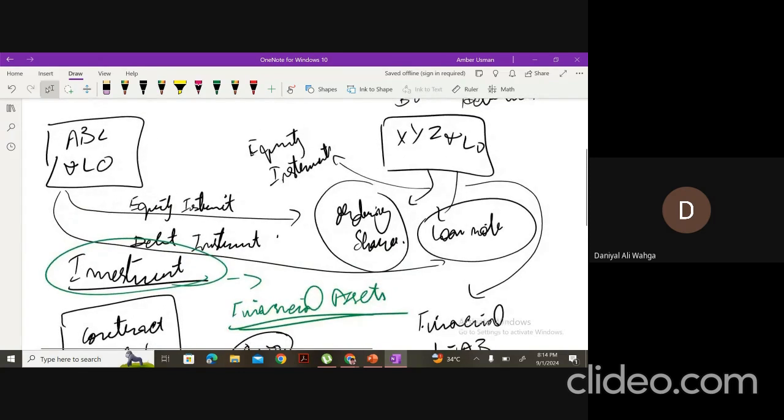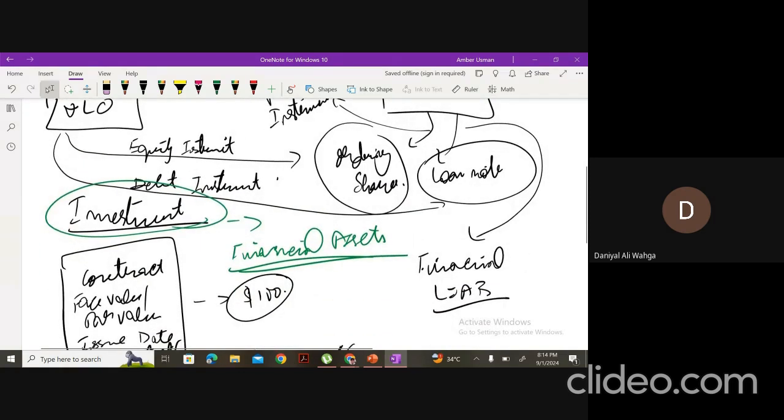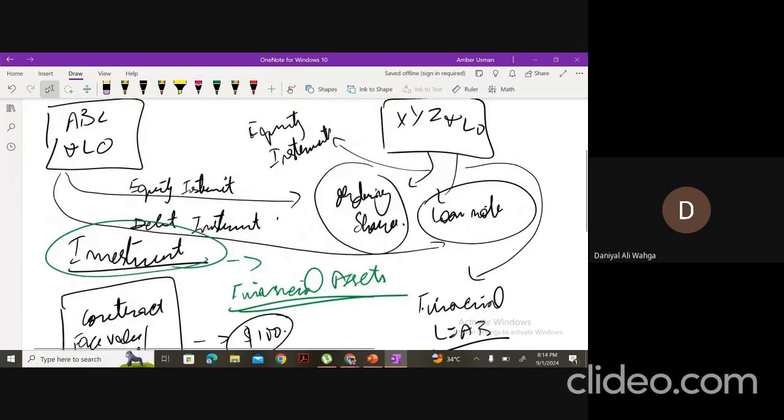So basically, there is only one contract. That can be ordinary shares, or loan notes, or debentures, or any other thing. But that same contract is either a financial liability or an equity instrument for one entity, and the same contract is a financial asset from the other entity's perspective.